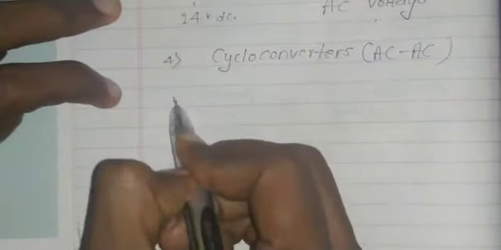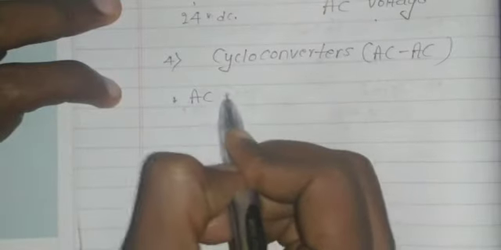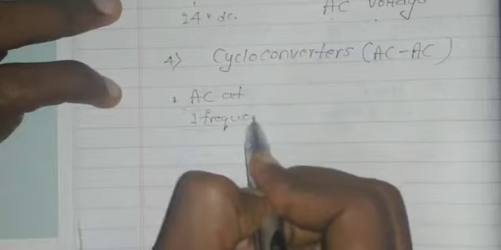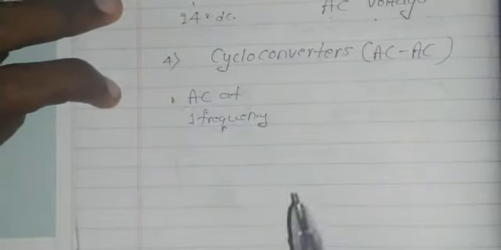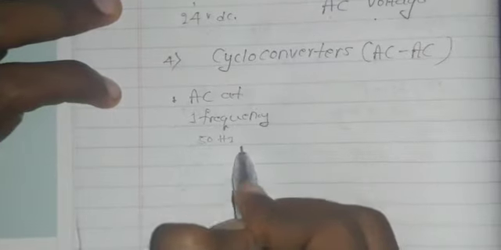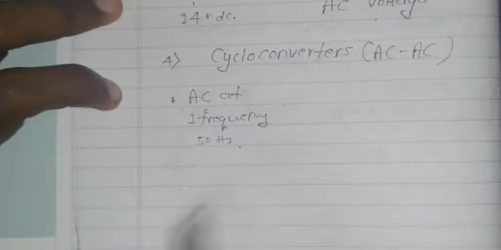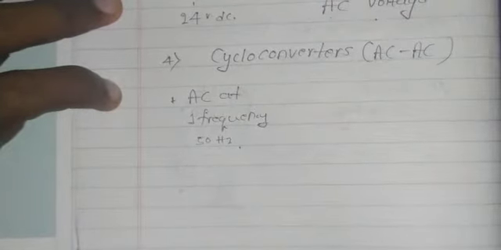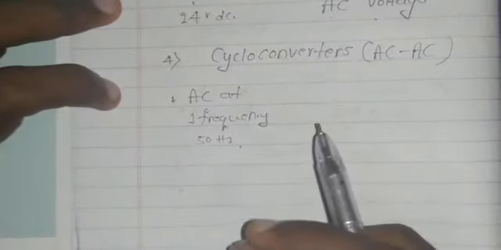The main function is to convert AC at one frequency, let's say 50 Hz, to AC at a different frequency, lower frequency.